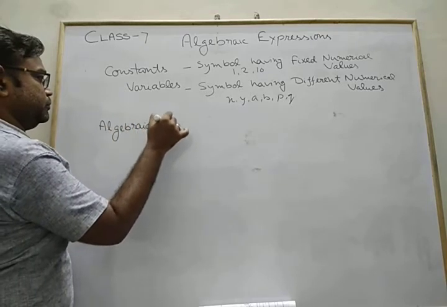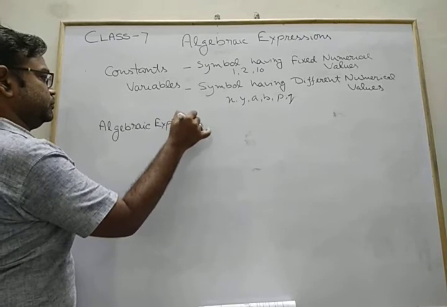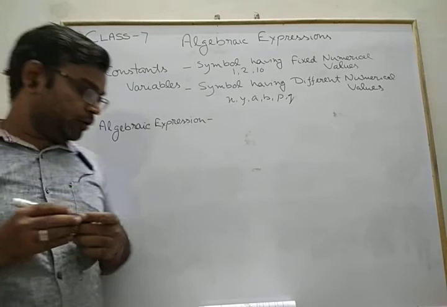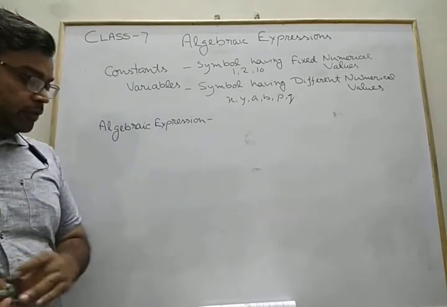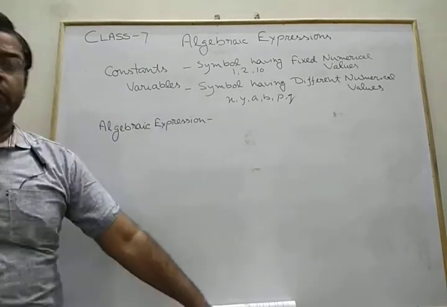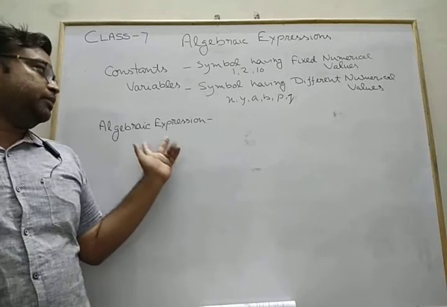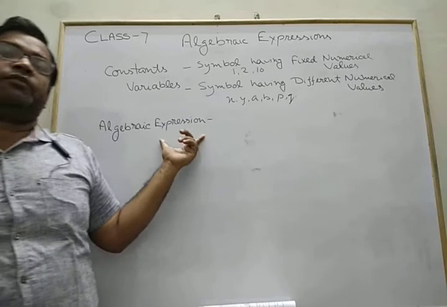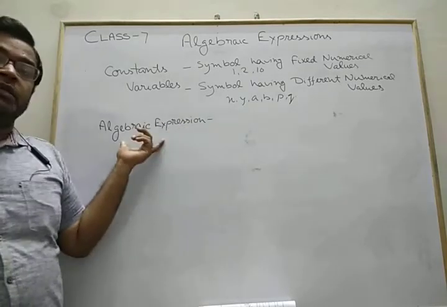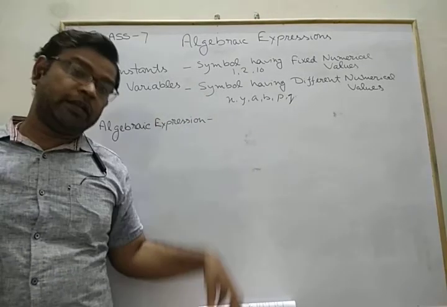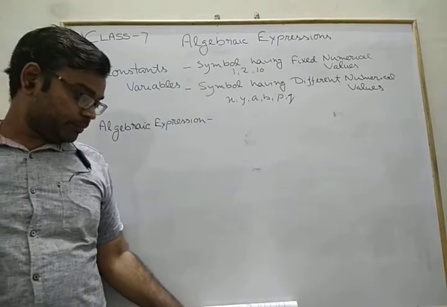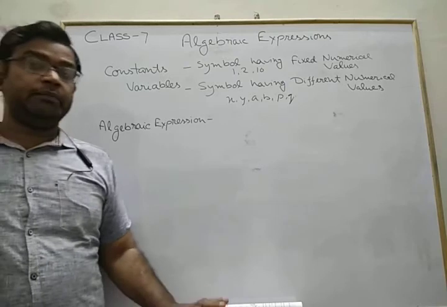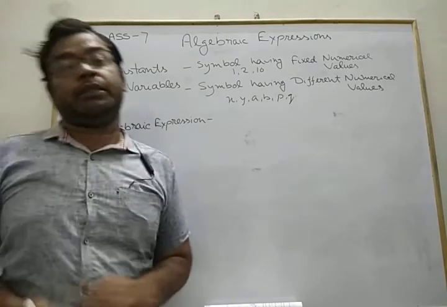Before we start algebraic expression, we must know what an expression or algebraic expression is. They are the same, but an expression may be of variables or of numbers. An algebraic expression means we have variables as well as numbers: a combination of constants and variables connected by basic mathematical operators.